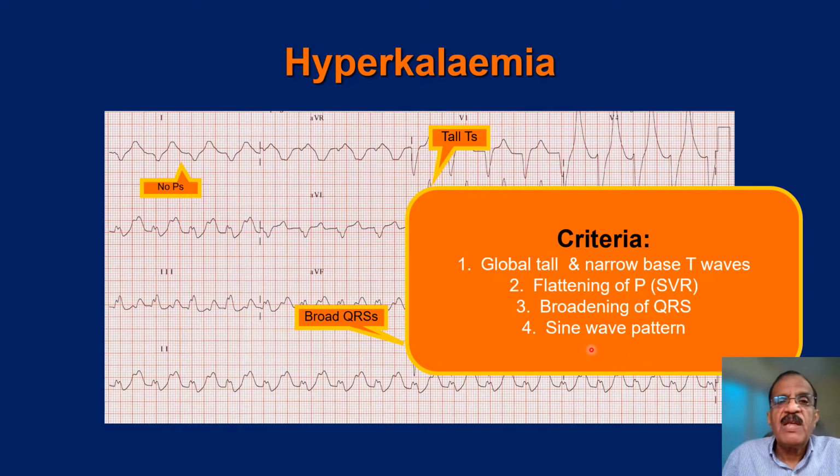Of course, clinical treatment of hyperkalemia is not in the scope of this lecture, but you know that we would like to give calcium, and there are other measures to control potassium. Calcium is a physiological antagonist of potassium. So if we give calcium intravenously, these changes will immediately reverse.